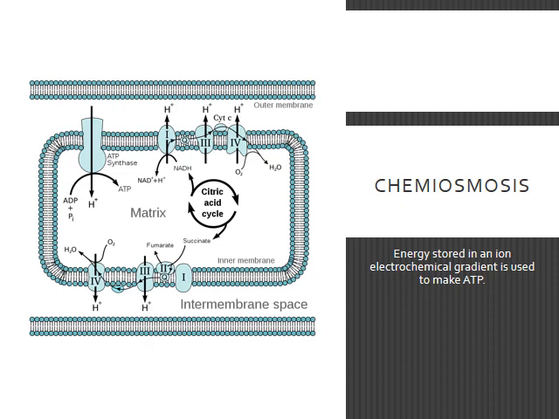But as they go through, they spin it. They make it rotate. The kinetic energy of that rotation is then transferred to take an adenosine diphosphate and a phosphate and squish them together. You guys know what a water wheel is?